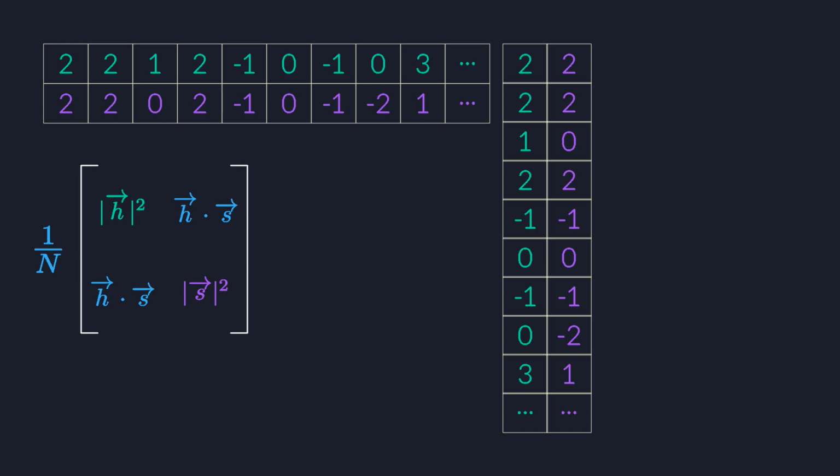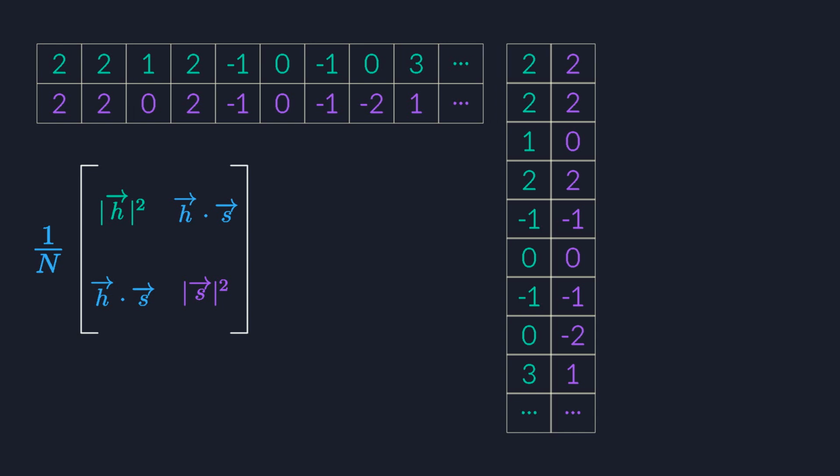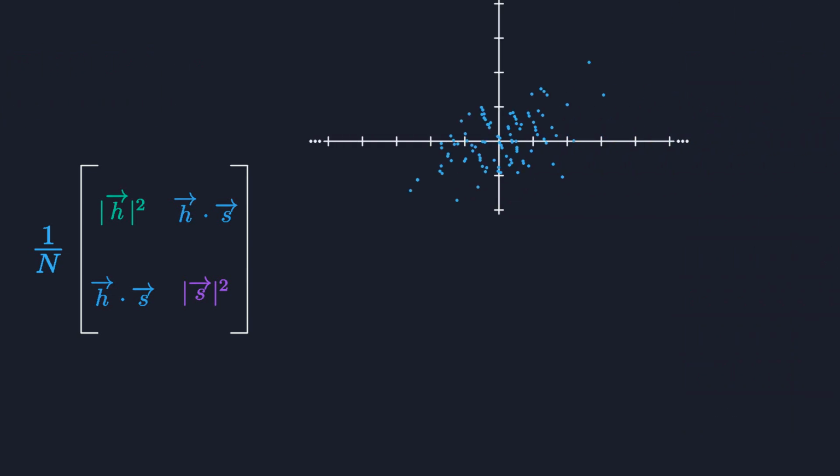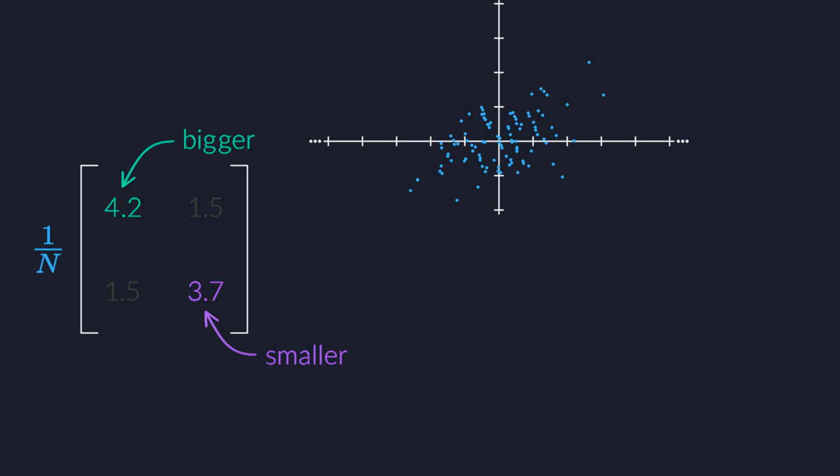I already mentioned before that the diagonal elements of a matrix tell you something about the self-interactions or self-connections, or in this case, the self-variance. You can see that the height has a bigger variance than the shoe size, which means that there is a bigger spread in people's heights than there is in their shoe sizes.